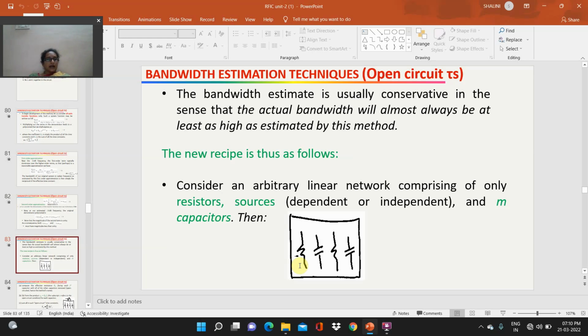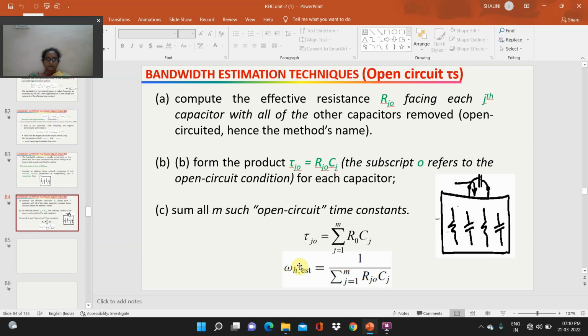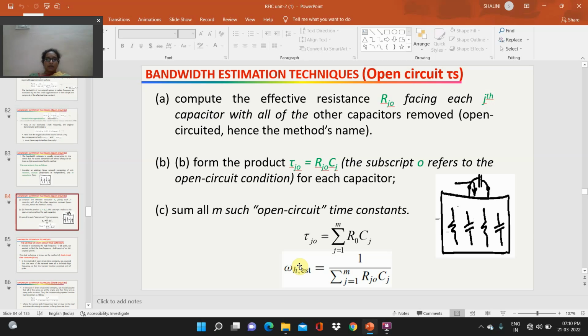Now we consider an arbitrary linear network comprising only resistors, sources and m capacitors. Then the following steps apply. A: Compute the effective resistance R j0 facing each jth capacitor with all of the other capacitors removed, or open circuited, hence the method's name. B: Form the product tau j0 equal to R j0 times Cj.